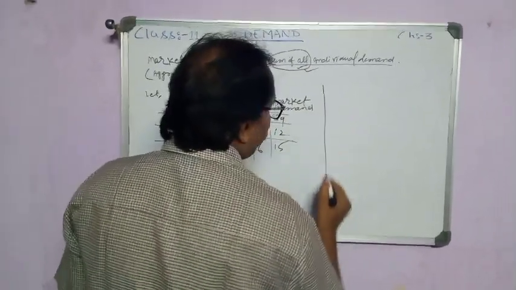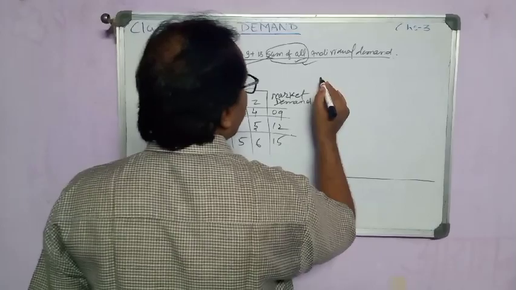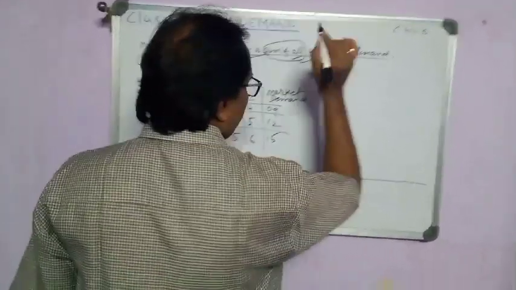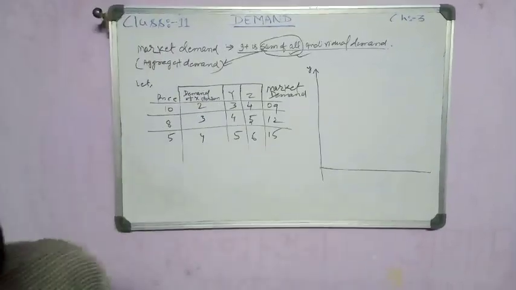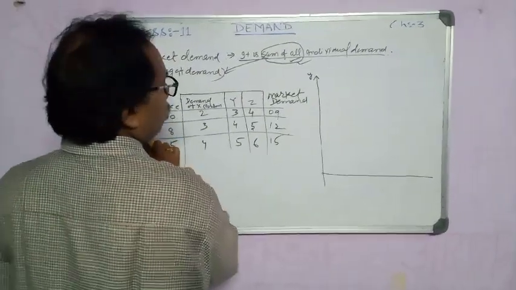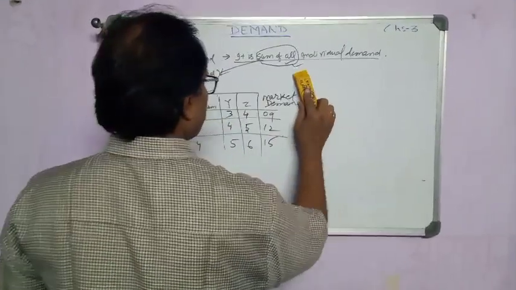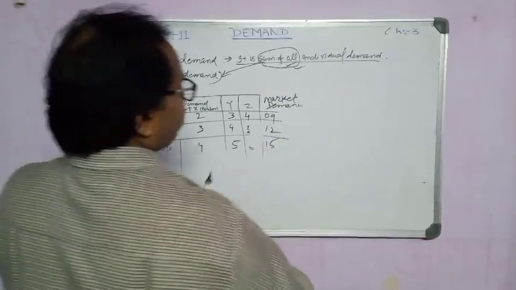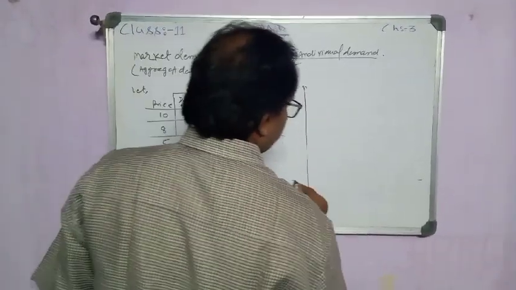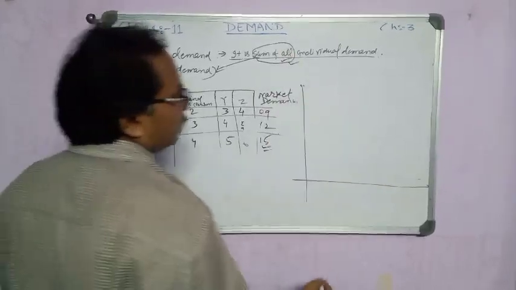So if we draw the X and Y axes, suppose this is the Y axis and this is the X axis. How much is the maximum quantity? That is 15.